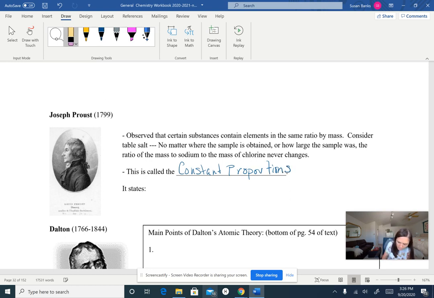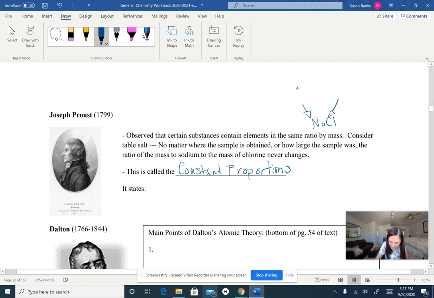Okay, now this means that regardless of where we found table salt, we are always going to find NaCl. We're always going to have one sodium for every one chloride.